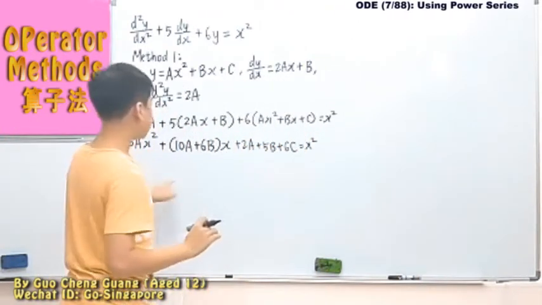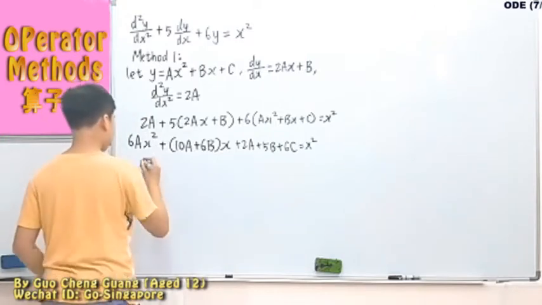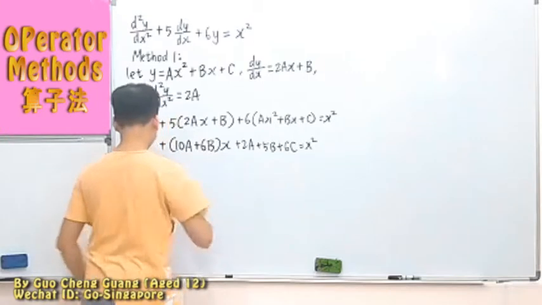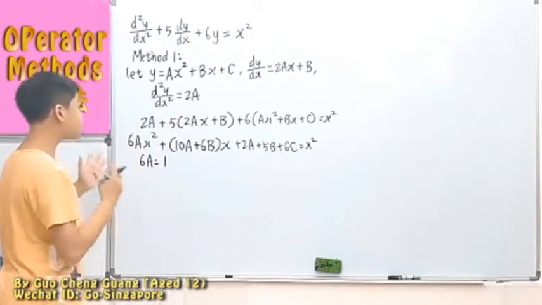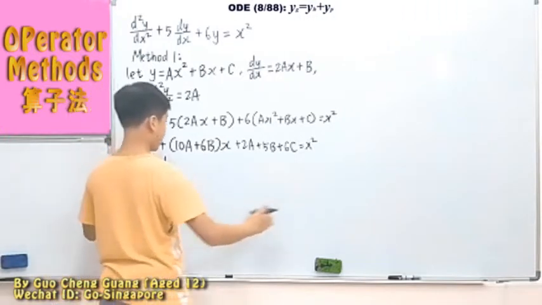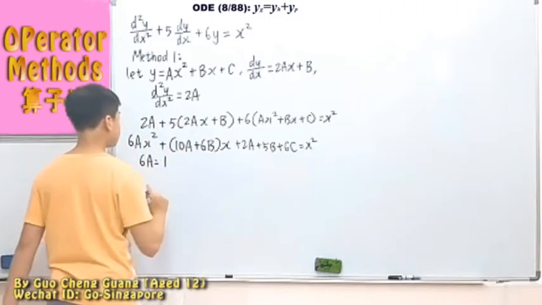Comparing the two sides, for x squared, this side is 6a and this side is 1. So yes, you get this.